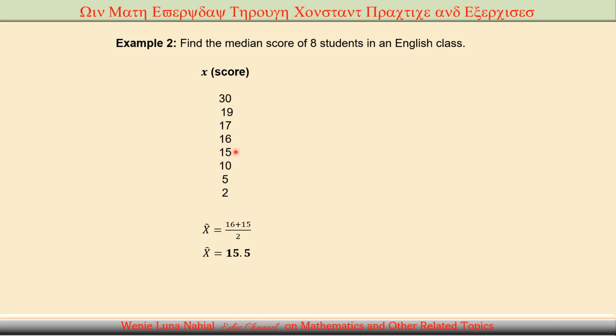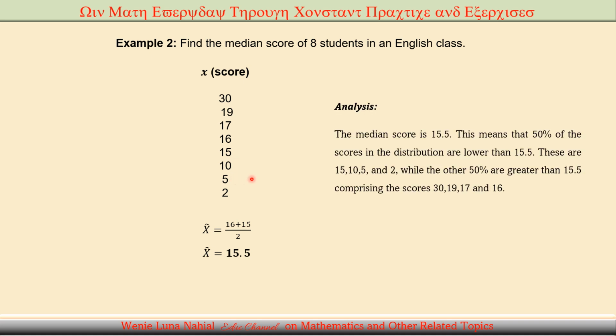So you have 16 plus 15, that is 31, divided by 2, that is 15.5. So 15.5 is between 15 and 16. So the median here, which is 15.5, divides the observations into two equal parts. For the observations above the median, we have 16, 17, 19, and 30. And the scores below the median, we have 15, 10, 5, and 2.